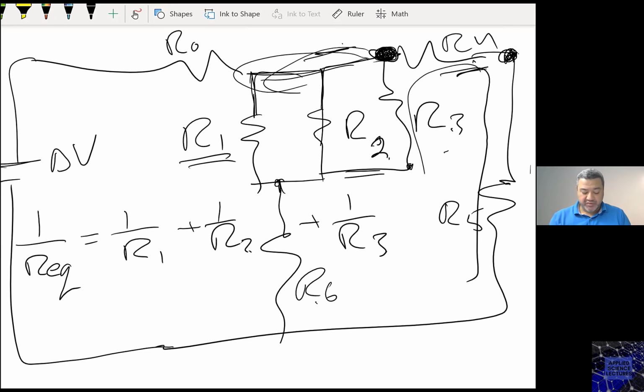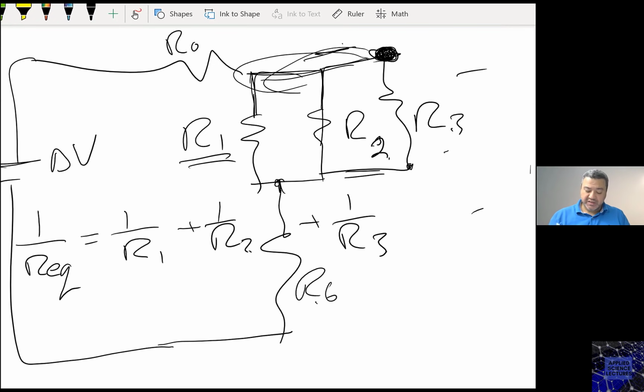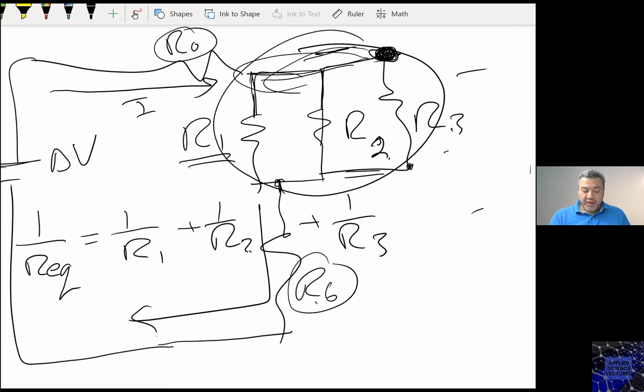If I don't have this branch, and my circuit is like this, then yes, I can say that R0 and R6 are connected in series. Why? Because now the same current I that goes through this equivalent resistor is going to continue going into this R6.